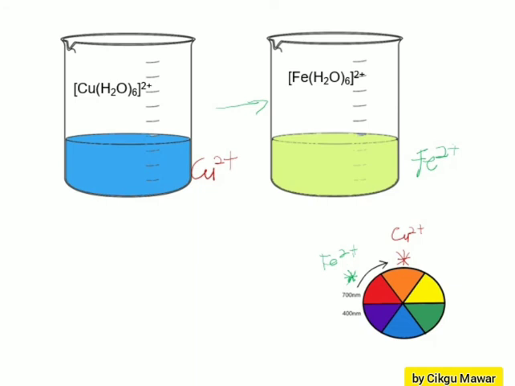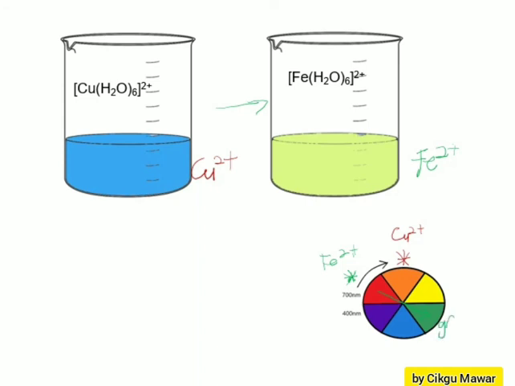For iron 2 plus, the complementary color of the absorbed red is green, so it will transmit green. Sorry, it absorbs red and transmits the green color.